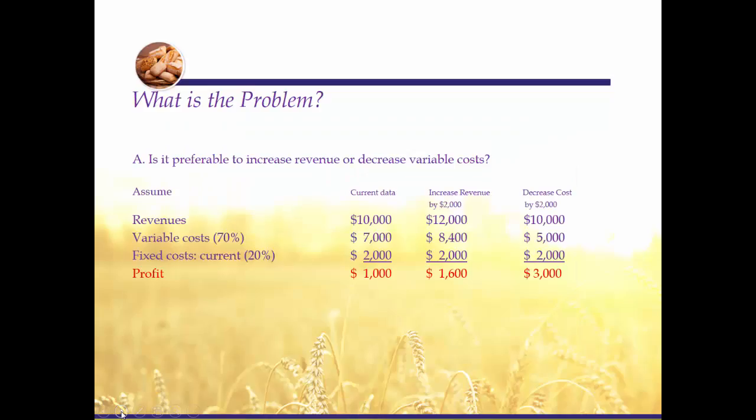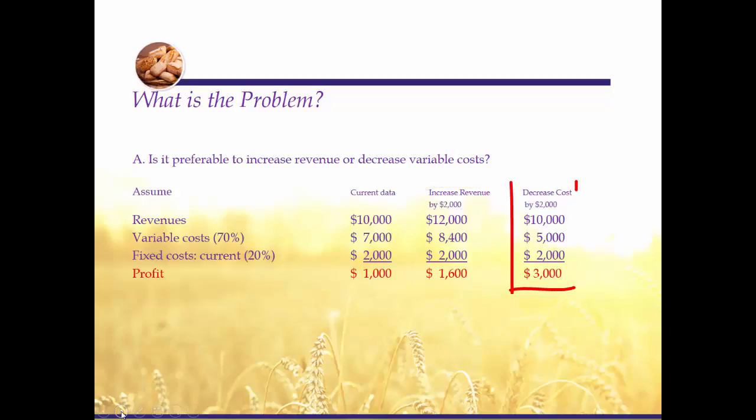So, here we're looking at a problem. Is it preferable to increase revenue or decrease variable costs? So let's look at some examples here. By increasing the revenue by $2,000, this yields only a $600 increase in profit. $1,600 minus $1,000 is $600.